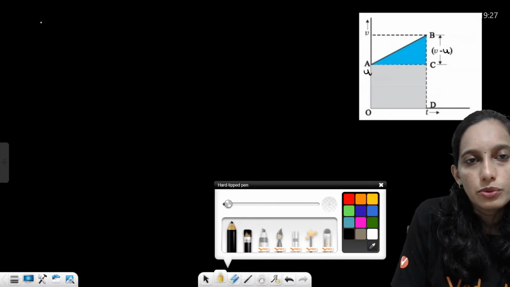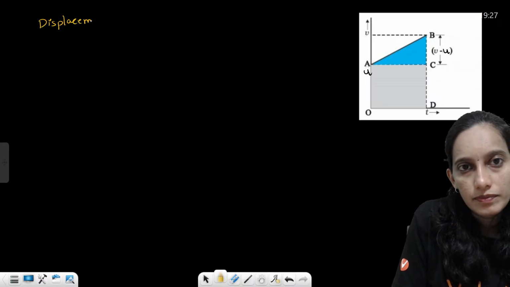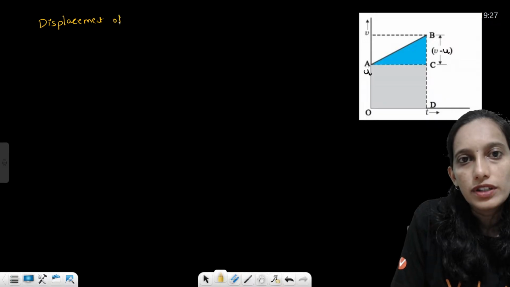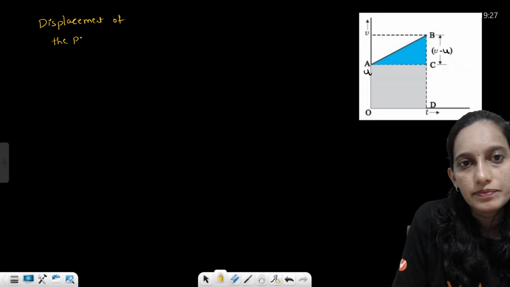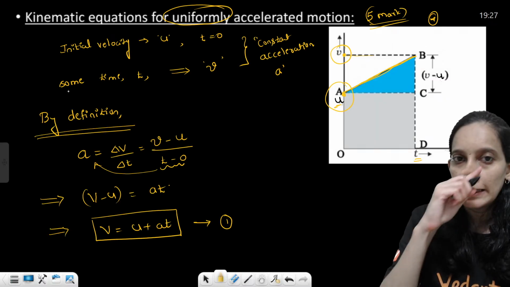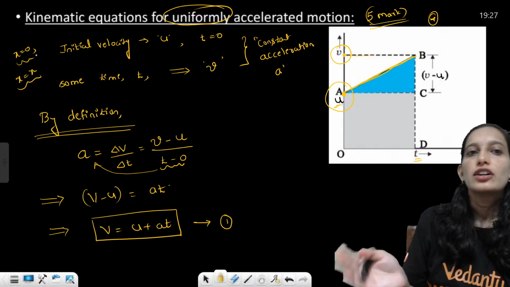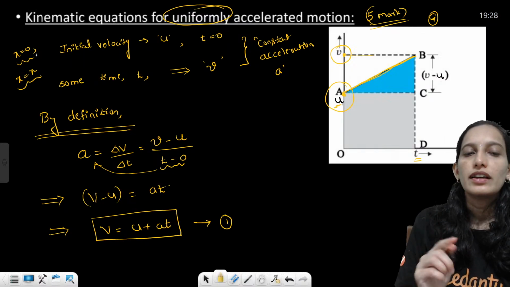We know that the displacement of the particle, let us take it as x, because we are assuming it starts from x equals 0 to x equals some displacement. So the displacement is x minus 0.